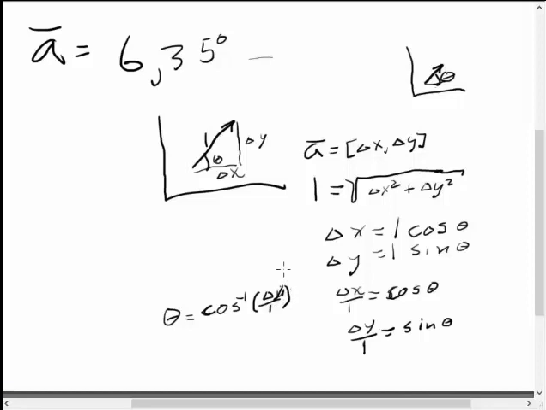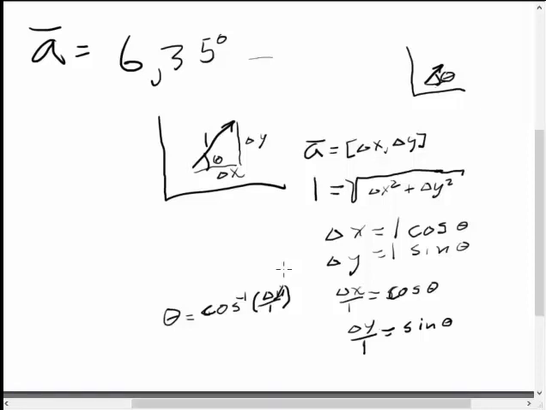Basic trigonometry. So from my delta x and delta y, or my x and y components, I can compute everything else that I need to know about this vector.